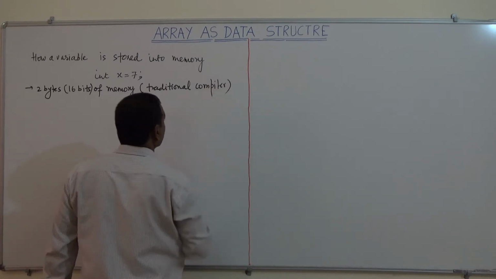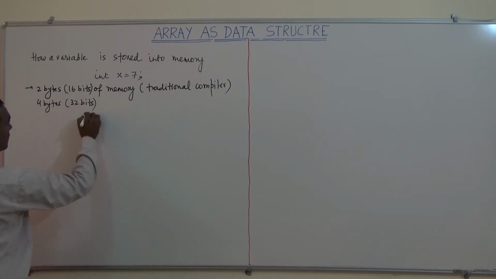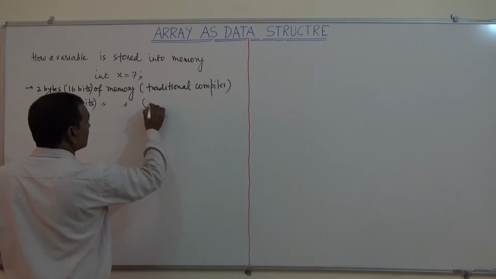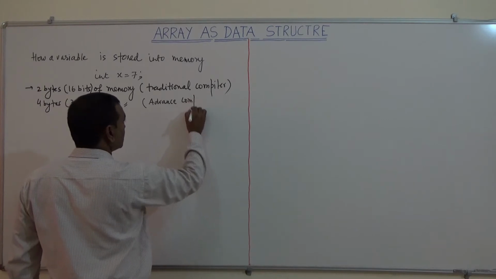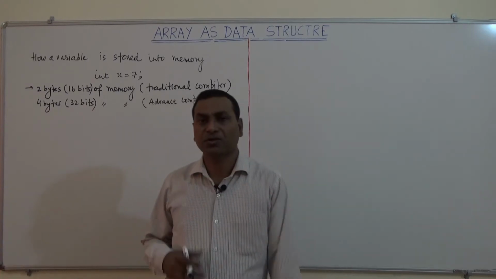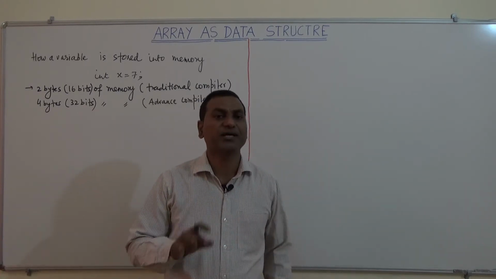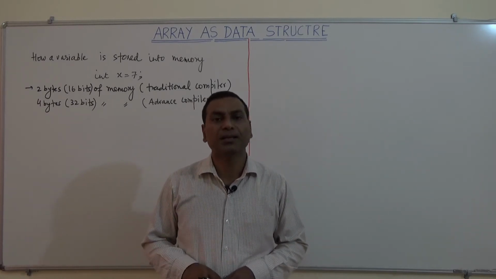This is for a traditional compiler. Now for an advanced compiler it may be 4 bytes, that is 32 bits of memory. It will depend on the compiler.